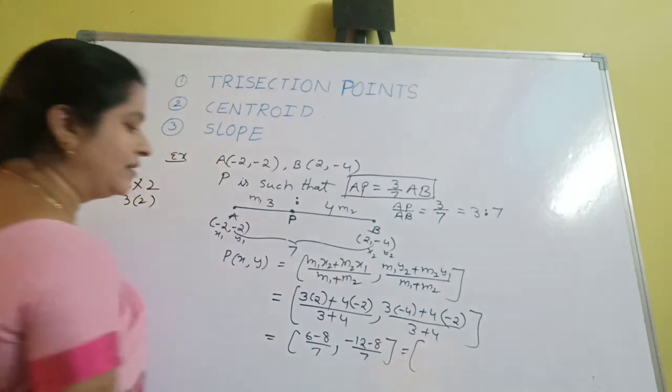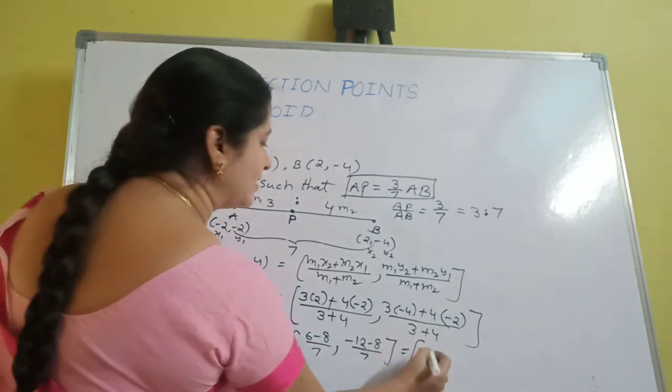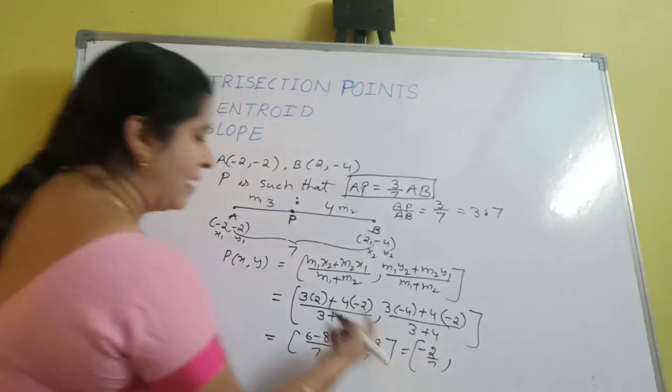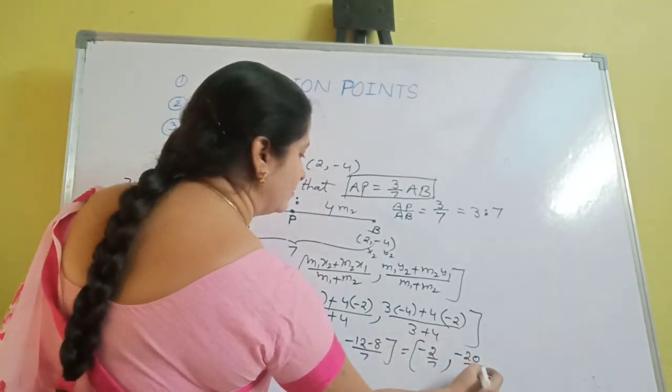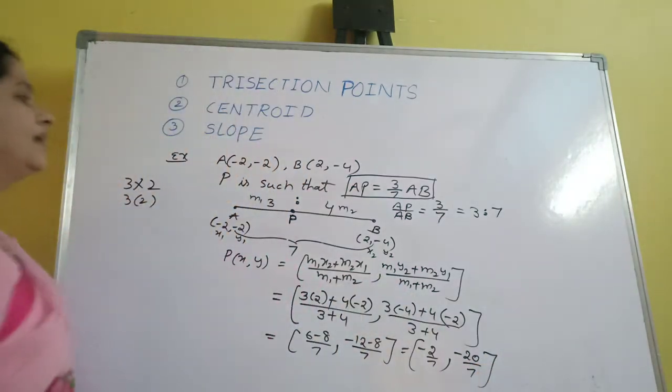So the x coordinate is 6 minus 8, minus 2 by 7, and the y coordinate is minus 12 minus 8, minus 20 by 7. So this is the final answer.